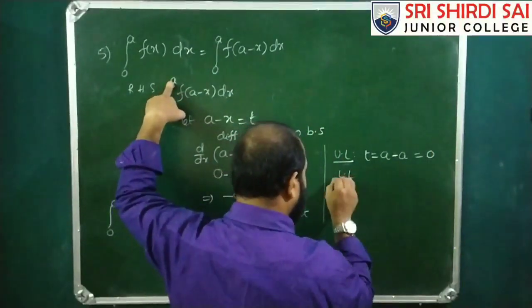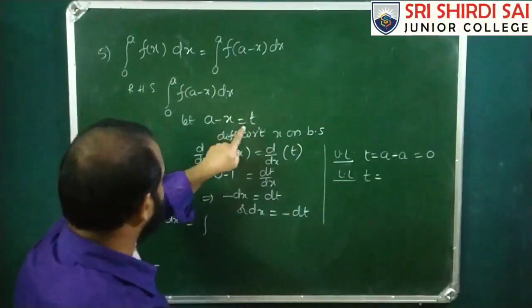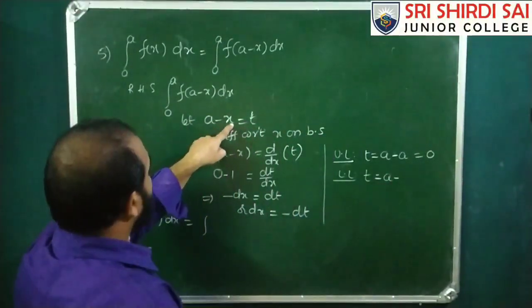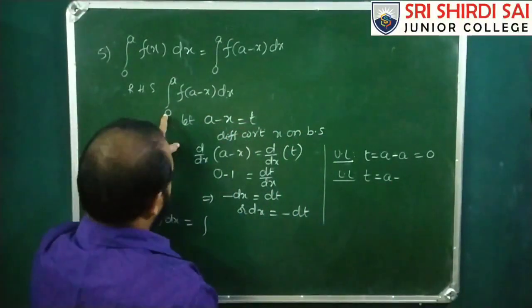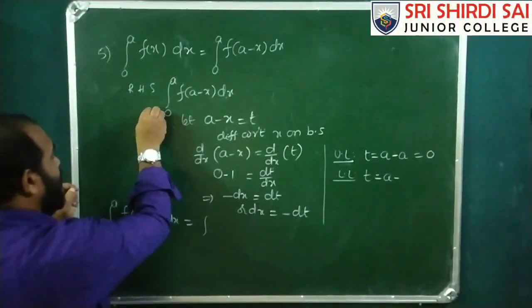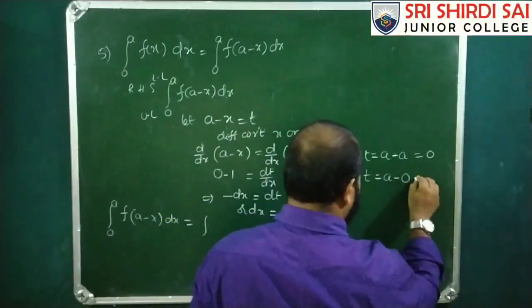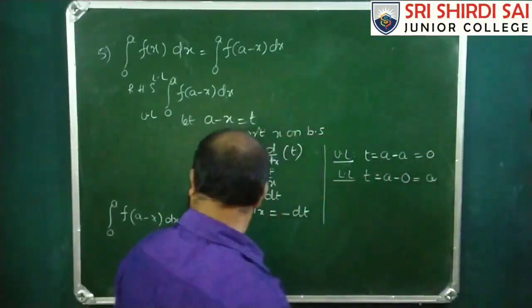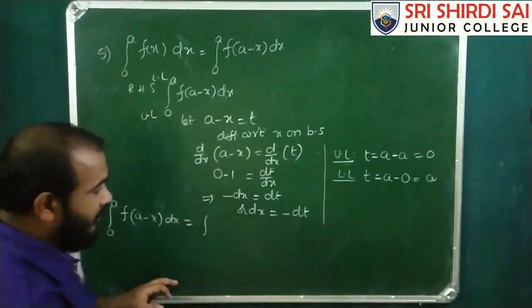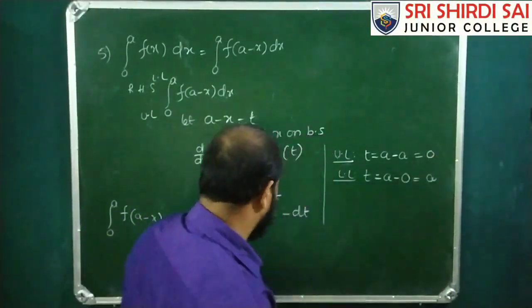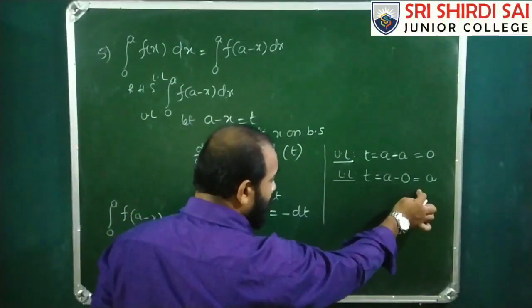Lower limit, t is equal to a minus x, the value of x is 0, so this is a. Then 0 to a has been changed into a comma 0, which are the new limits for the variable of integration t.